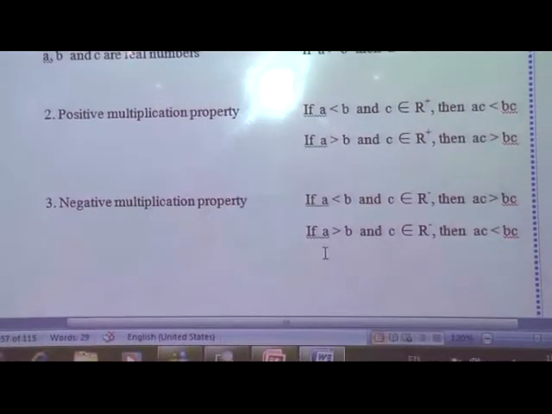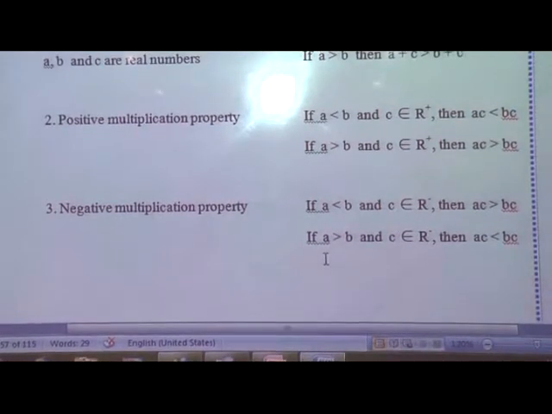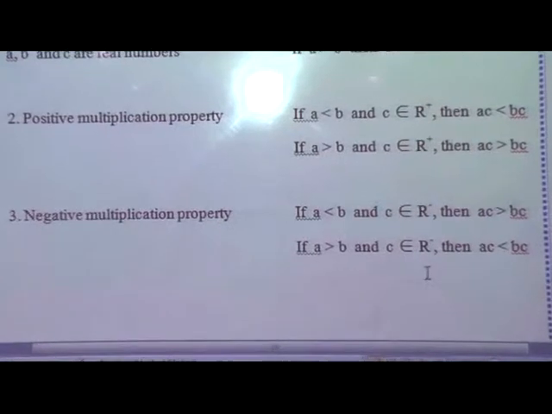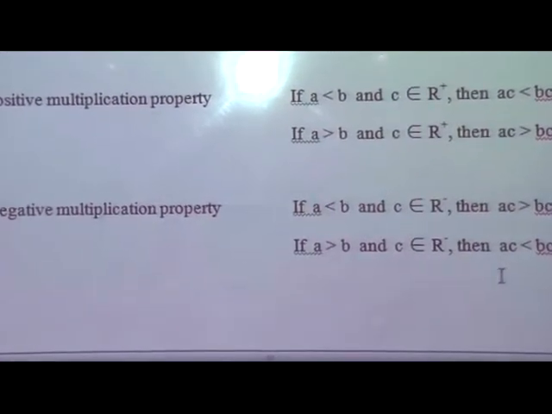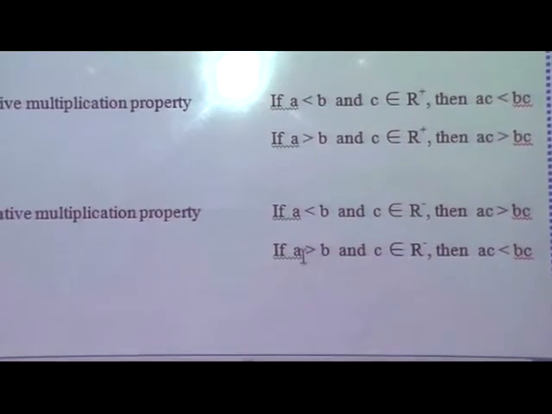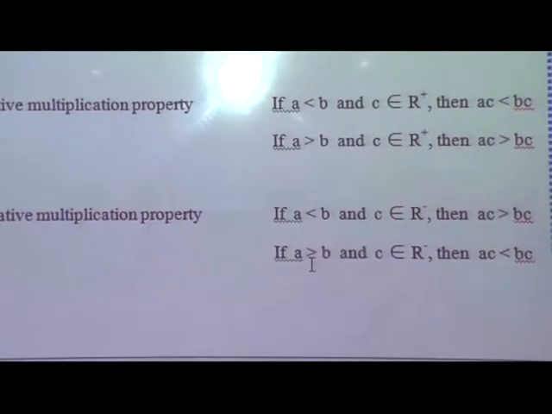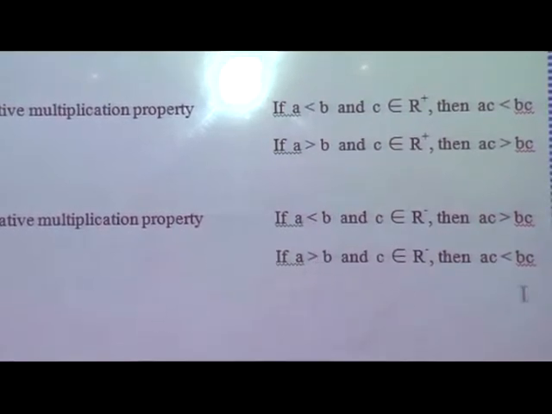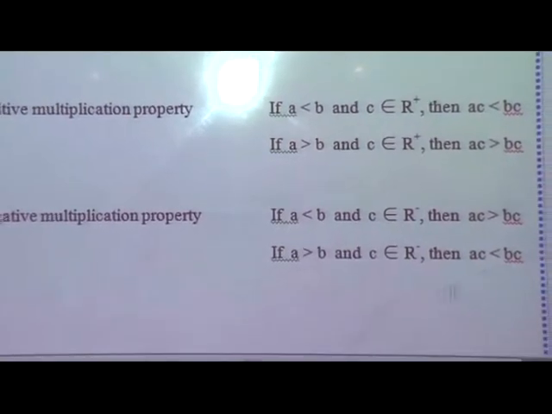And also, if A is greater than B and C belongs to the negative real numbers, then AC is less than BC. Take a look at this more carefully: greater than, less than.